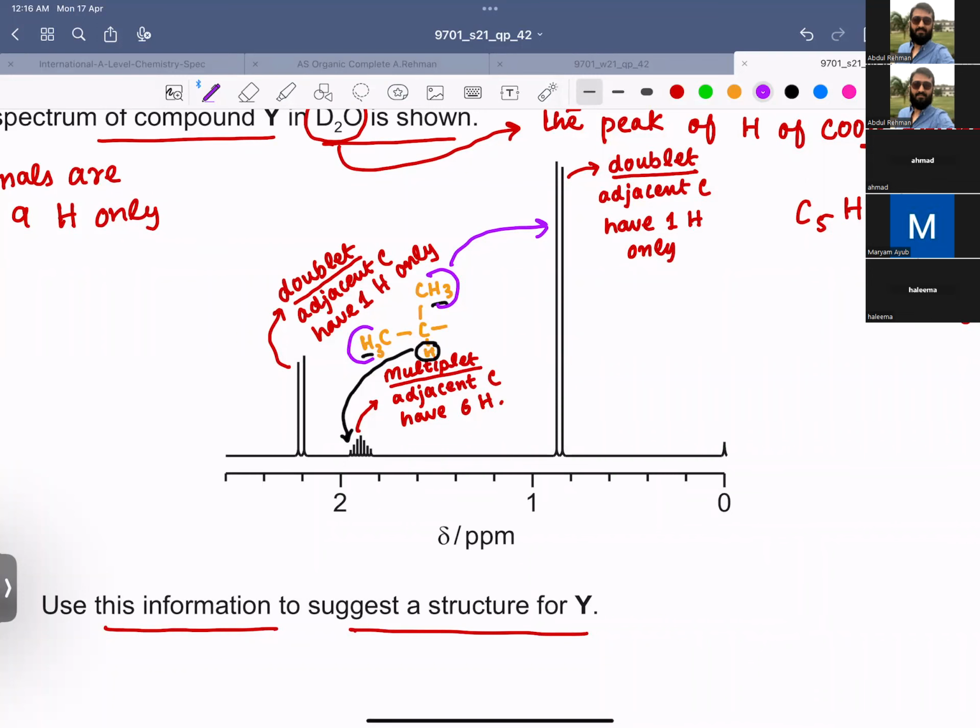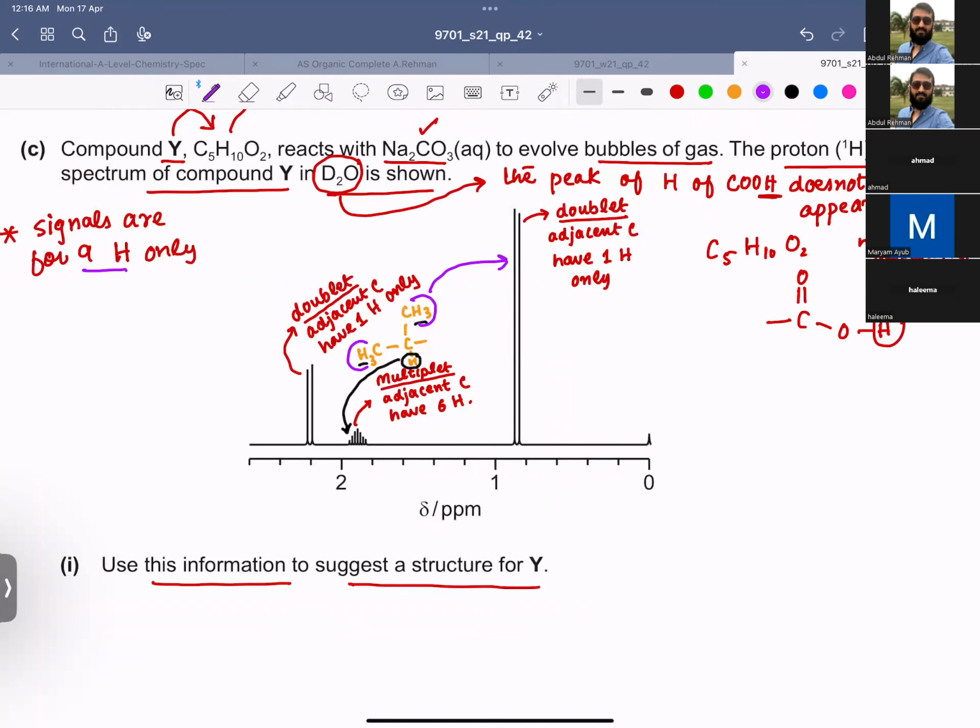So if you see, out of these 9 hydrogens, how many hydrogens have we figured out? 6 and 1, so 7 hydrogens are figured out, and we are left with 2 hydrogens. So it means that this signal is actually of a CH2, and this CH is actually the same CH that is over here.